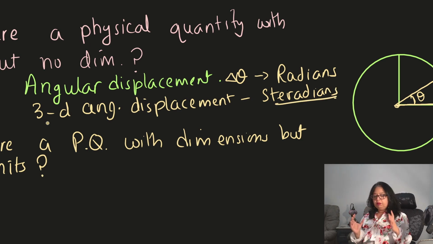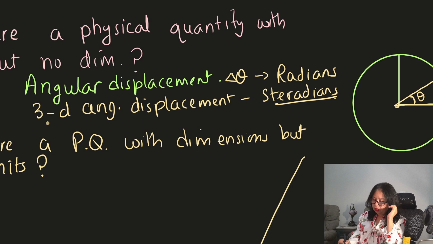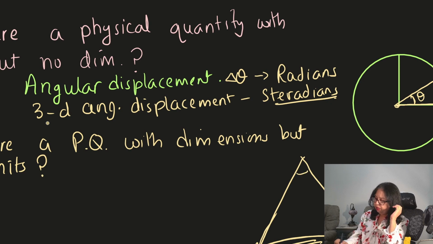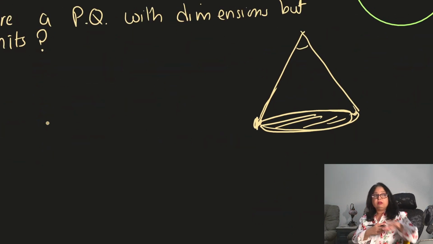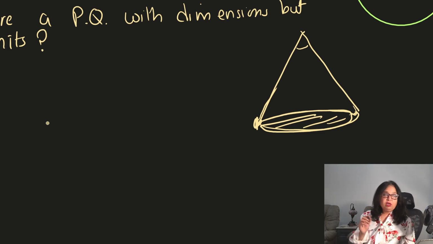We'll talk about it some other time, but just to understand it, you could think of it like the projection of a cone. So how would you build a cone? Something like this. If you have a three-dimensional object like this at the bottom, you project its ends up here, and this angle is measured in three dimensions. This angle will be in steradians.